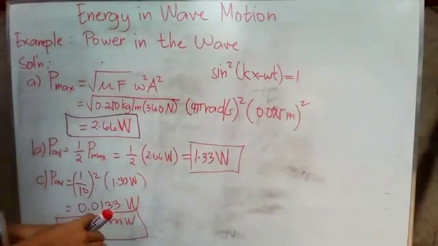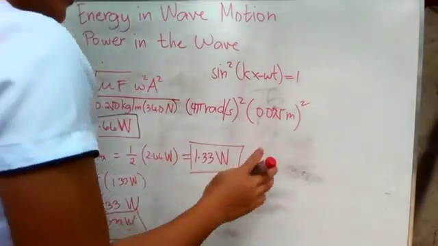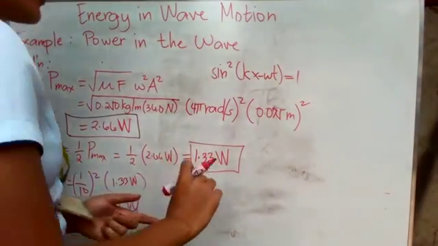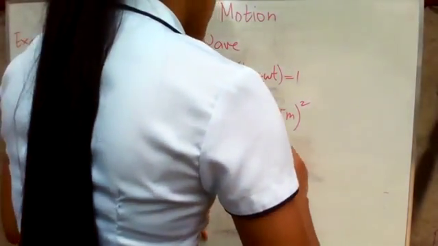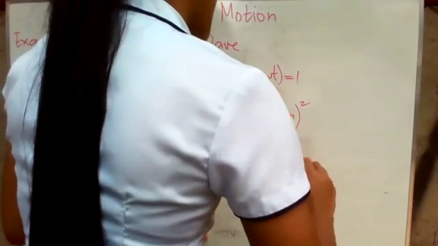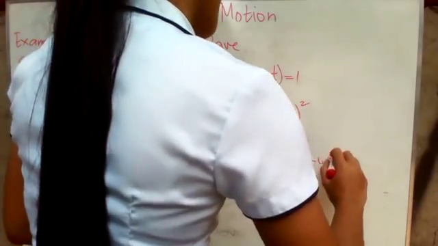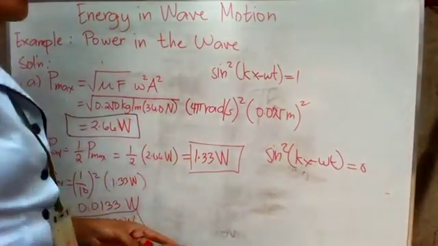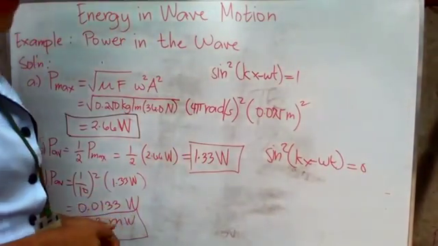Our minimum instantaneous power is 0, and this occurs when sine squared of kx minus omega t is equal to 0. This also happens twice per period.